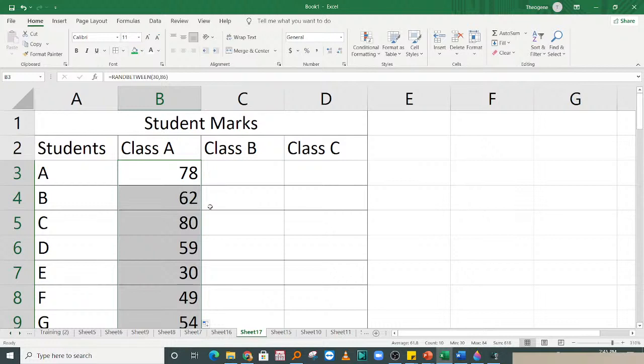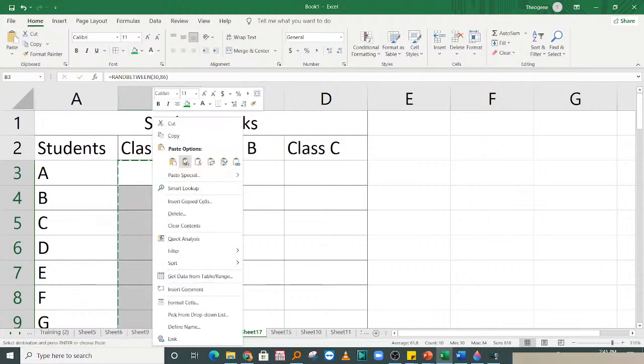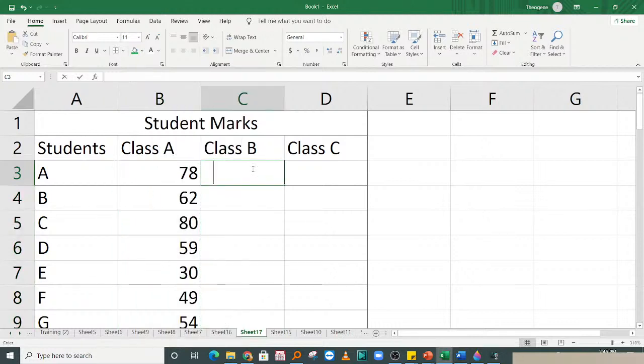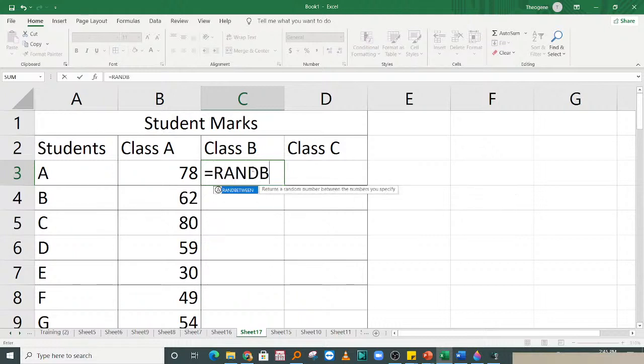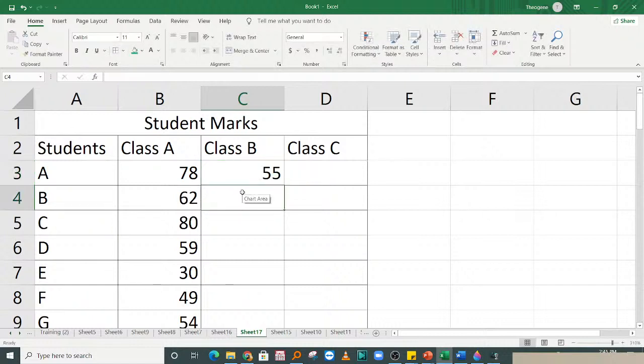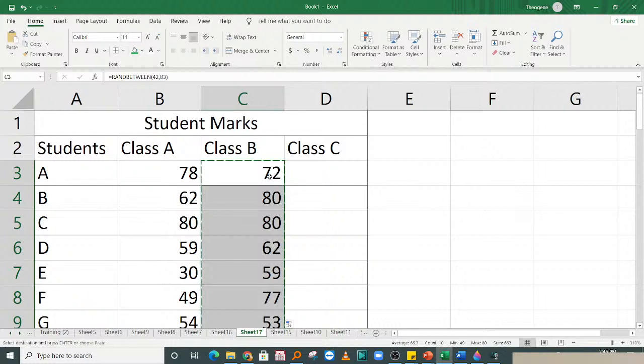They are random numbers. Class B lands between, for example, 42 to 79 or 83. So it's random. Okay, so let's see.